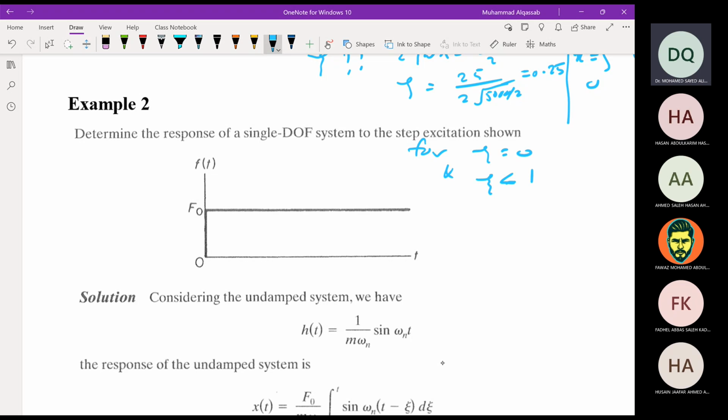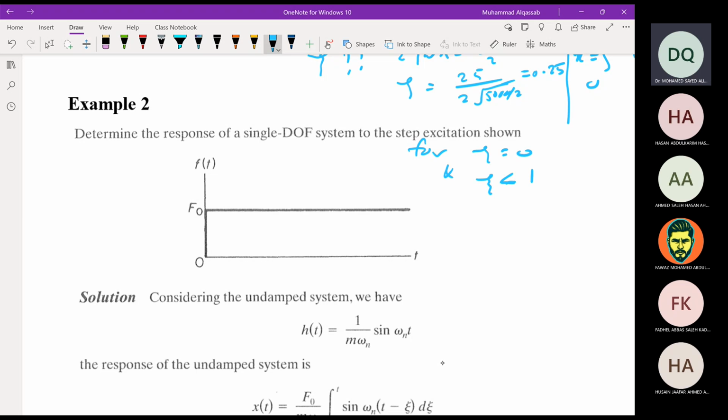Okay, integration over eta, not over time. So this is F naught over m omega n. Integration of sine is minus cosine, but since there is a minus in front of eta, this becomes plus. So it is cosine omega n t minus eta divided by omega n from 0 to t.